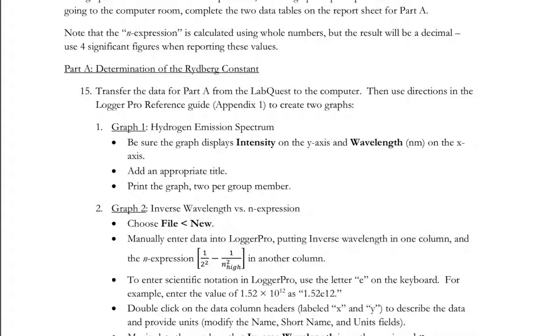So there are 2 graphs you'll see in Canvas. Graph 1, or the first one, is the hydrogen emission spectrum graph, and it's the one that I just talked about with the 4 peaks, intensity on the y-axis, wavelength on the x-axis. And you, of course, are not going to print that or submit it or anything. It's given to you.